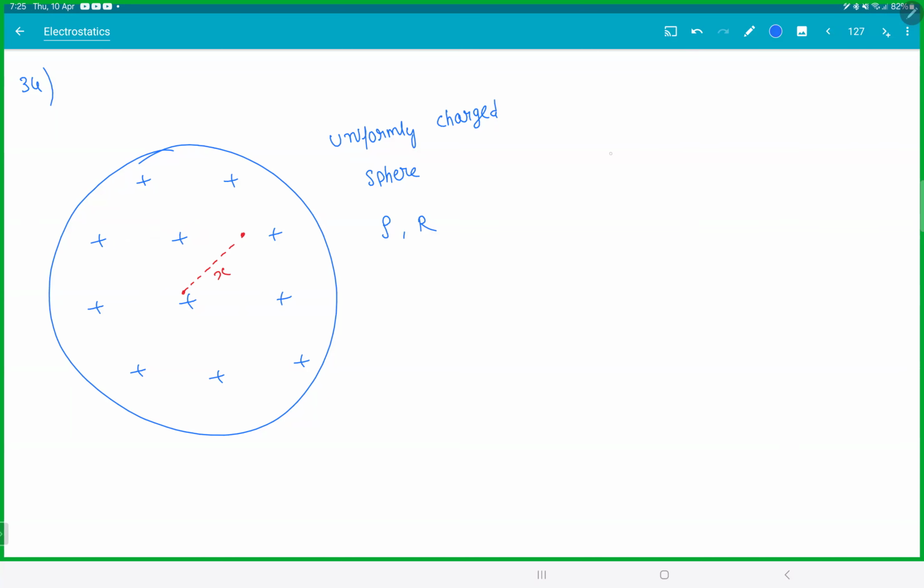If every charge is pushing, they start generating pressure inside because the sphere can't explode. The sphere will be under tension. It will try to expand, but you're not letting it expand. So the charges on the sphere repel each other, generating pressure inside. Find the pressure as a function of x.